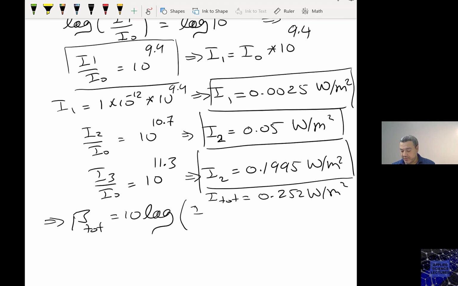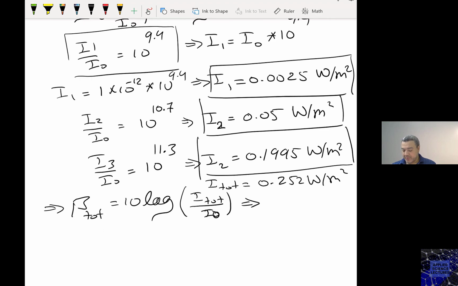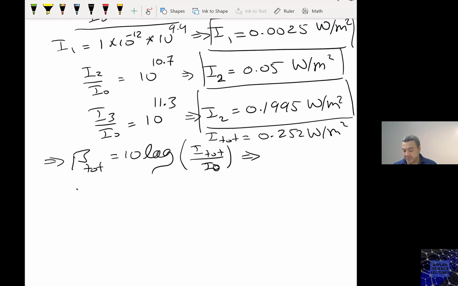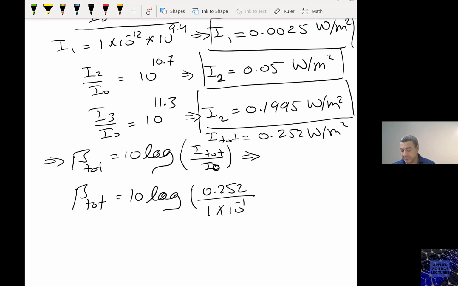Then here I tot divided by I naught. Then beta tot equals 10 logarithm of 0.252 divided by 10 to the power minus 12, and then beta tot is 114 dB.